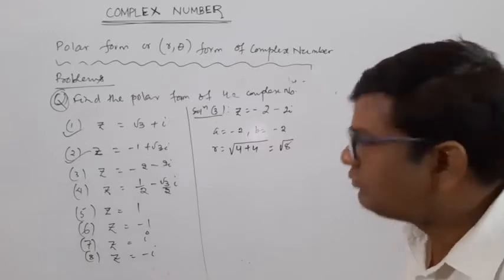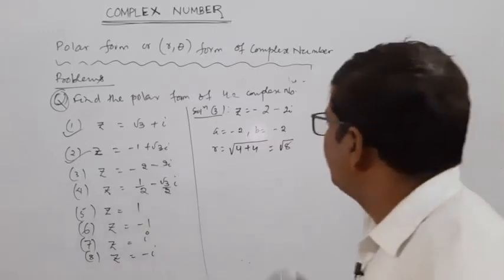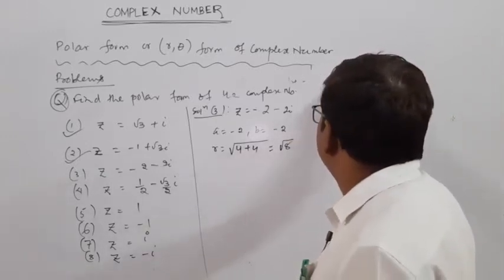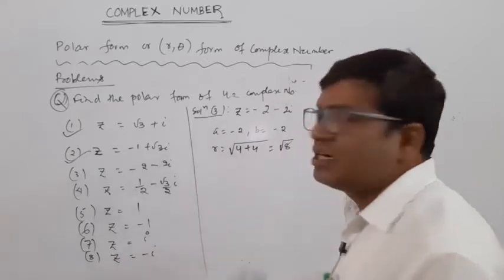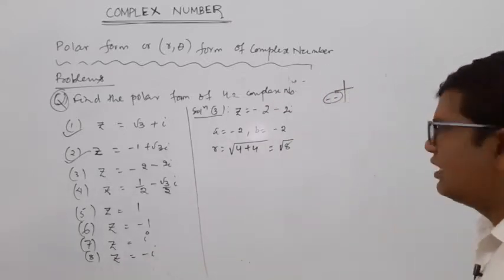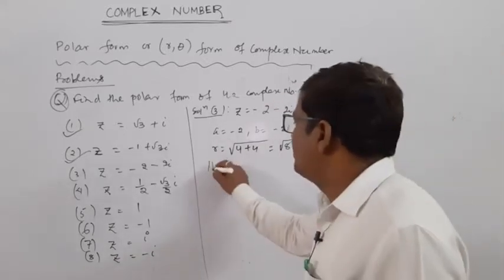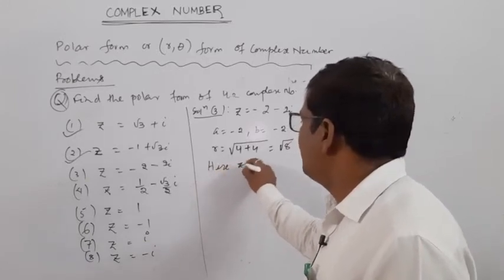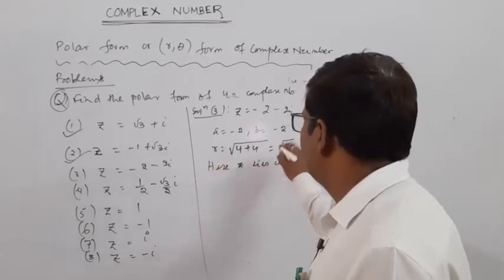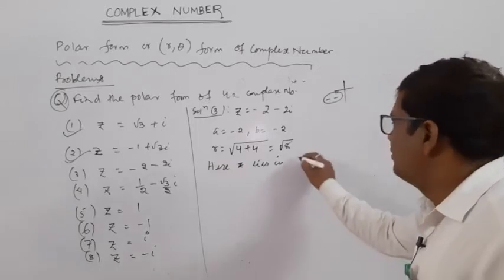Now for theta, z lies in the third quadrant.